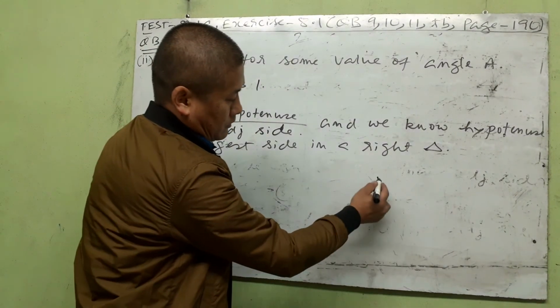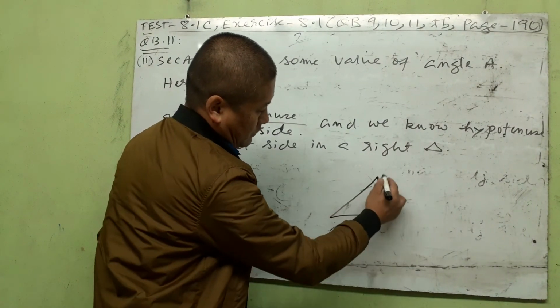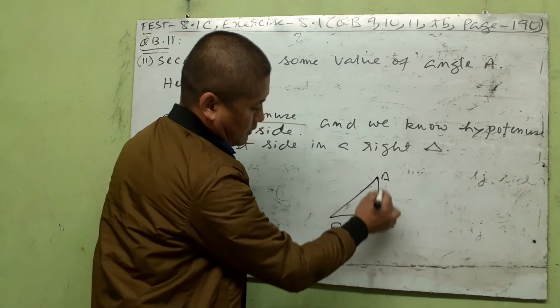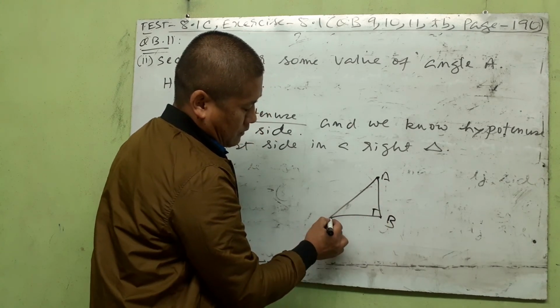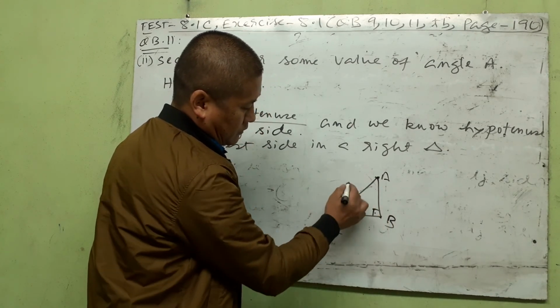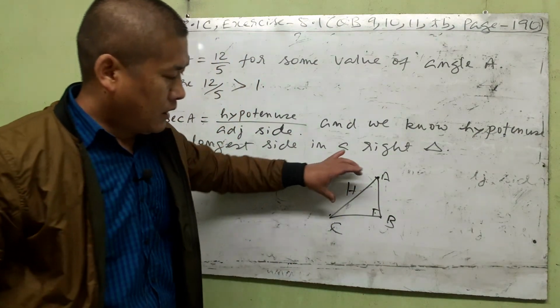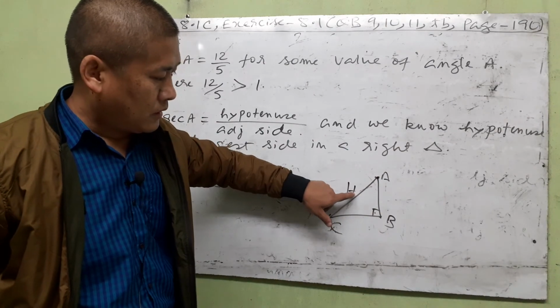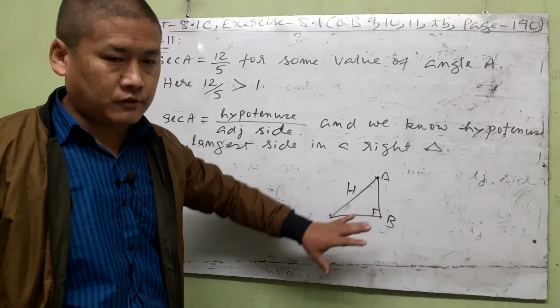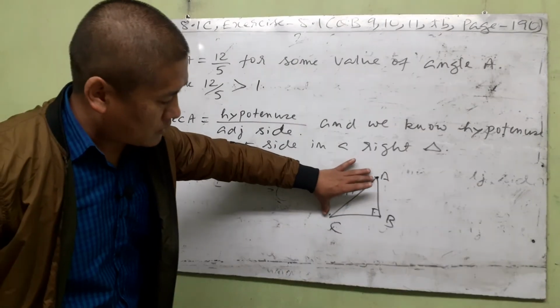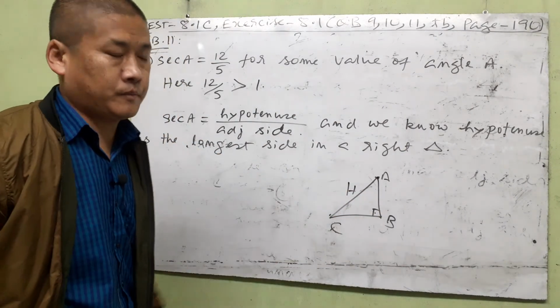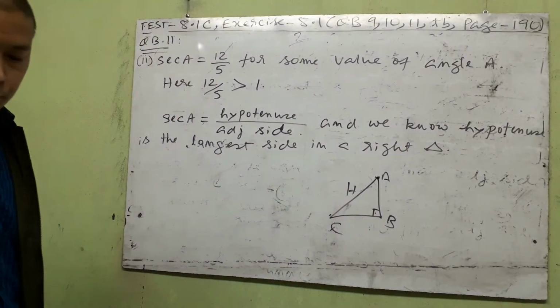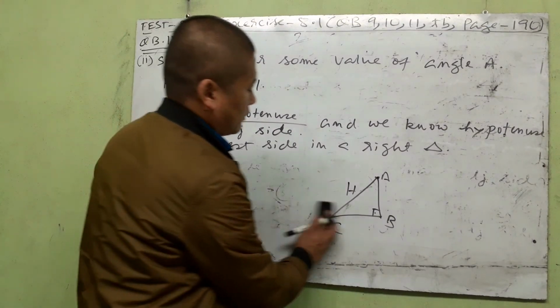In a right triangle, one angle is 90 degrees. The two arms of the 90 degree angle are BA and BC. The one which is not an arm of the 90 degrees, AC, is called the hypotenuse. And this hypotenuse, another definition, must be the longest side out of the three sides. There can be no side greater than the hypotenuse in a right triangle. So longest means 7 centimeters, and these two, AB and BC, will be less than 7. So we know that by our previous knowledge.